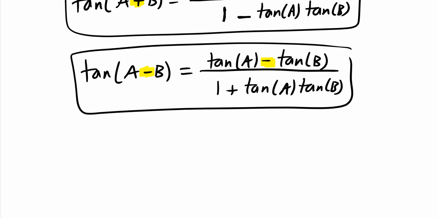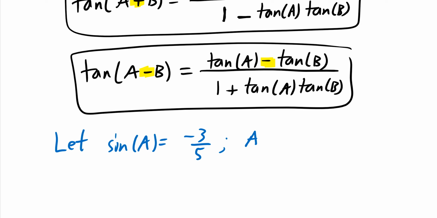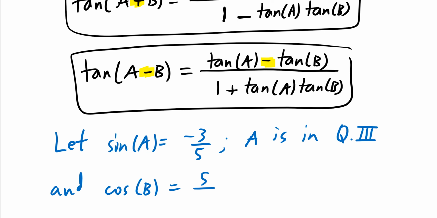Let's look at an example on this. Let sine A be negative 3 over 5. A is in quadrant 3. And cosine B is 5 over 13. Angle B is in quadrant 3. Oh, quadrant 4.